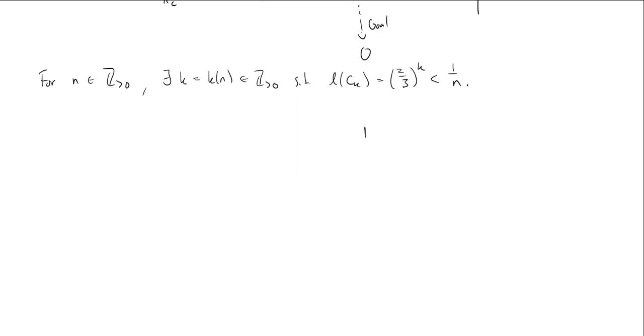I start at 0, and I just go right to, I don't know, C_k1. Then I jump across and I get to C_k2 and C_k3, jump across again, C_k4, go to C_k5, and I keep going. Well, not really forever, because I stop at 1. So 1 would end up over here.